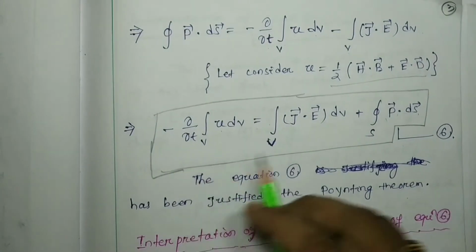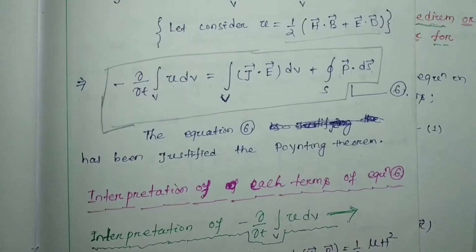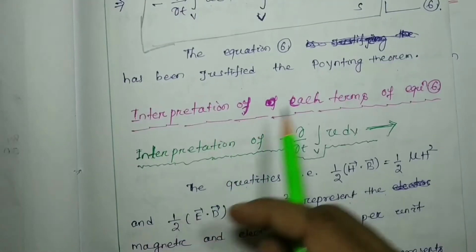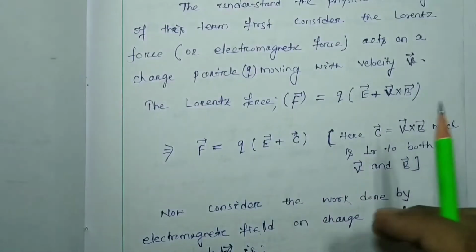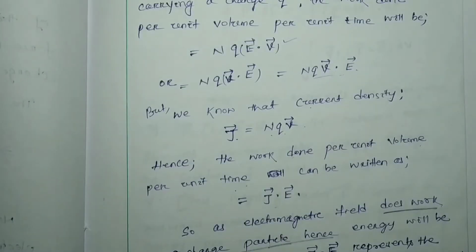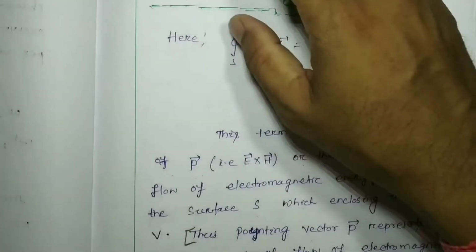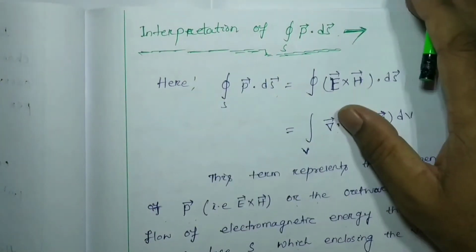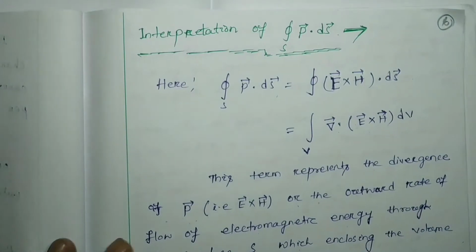This is the expression which represents your Poynting theorem, and then we interpreted each term and discussed the physical significance of each term. That means in detail we have discussed Poynting theorem in our last class.